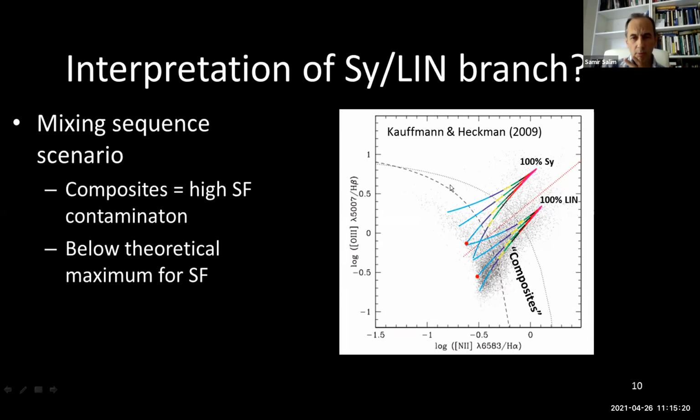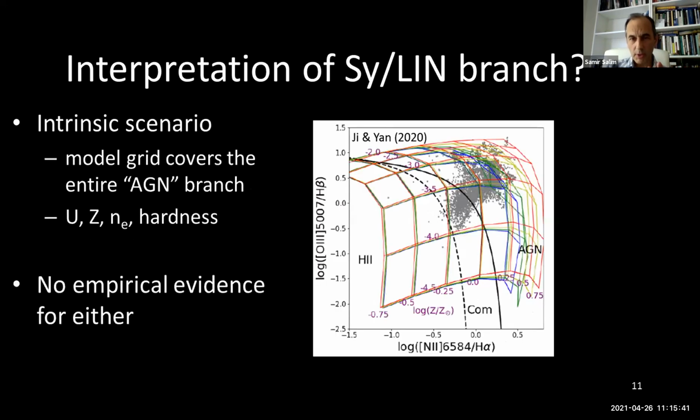And the idea especially would be that this region here, that is below the so-called maximum starburst line, would be galaxies, Seyferts and liners that would have a high star forming contamination. And sometimes some studies exclude those galaxies because, like I said, we cannot really learn much about them because they have so much contamination from star formation.